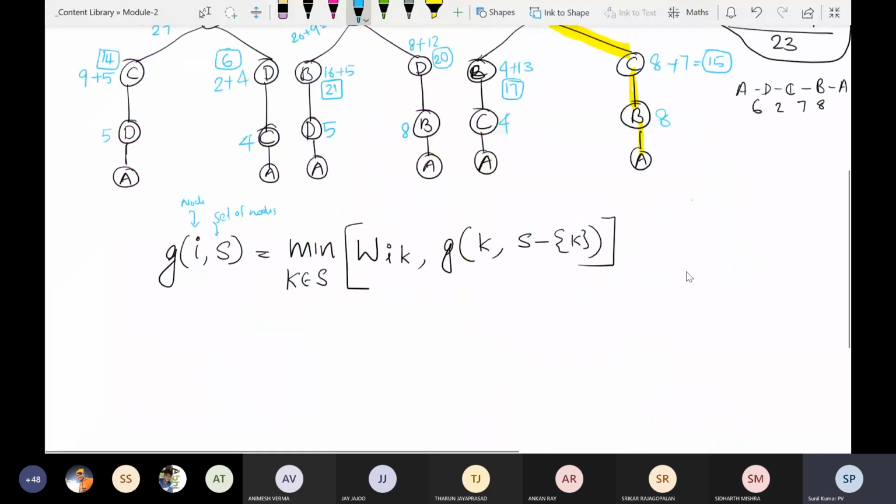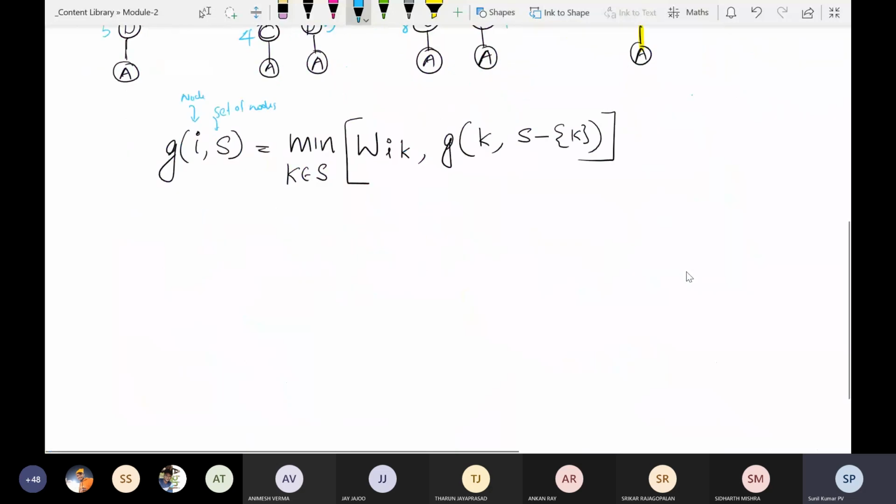For this, let us expand the first step and we can stop. The rest of the steps we can do in the next class, since it is already time. So G(I, S) is equal to, here A is the starting vertex. If A is the starting vertex, S will be the remaining vertices, which means B, C, D. For our example, we have only 4 nodes.